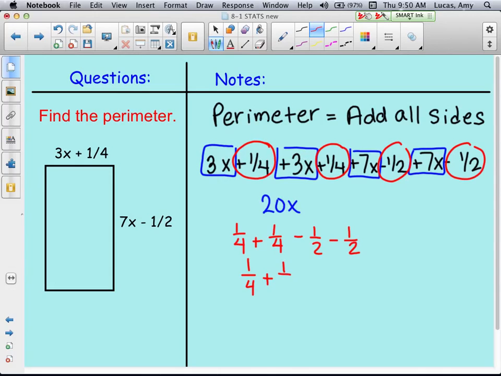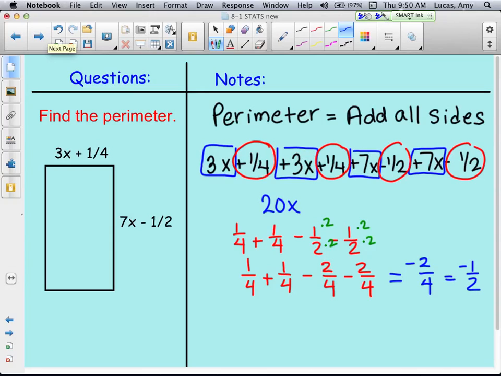So I can rewrite these 1/2 as 2/4. Each of them would be 2/4. So all that I'm doing is multiplying the numerator and denominator on those by 2, so that we have common denominators. Now that I have common denominators, I can look at just the numerators. So 1 plus 1 is 2, minus 2 is 0, minus 2 would give me negative 2/4, or negative 1/2.